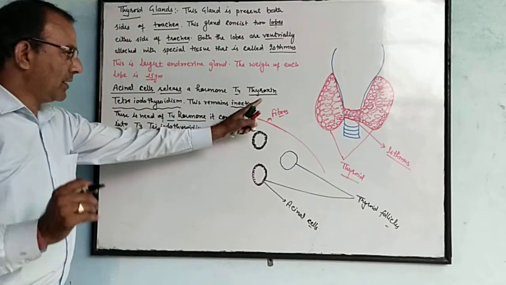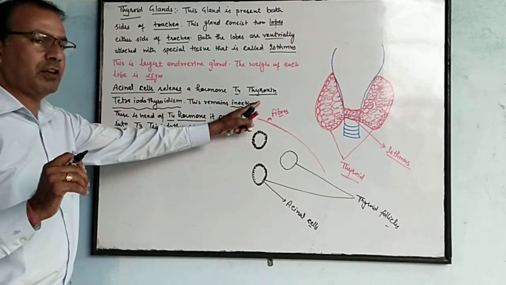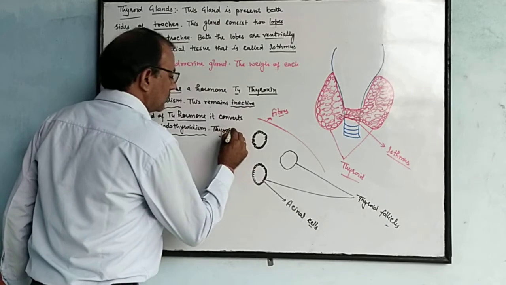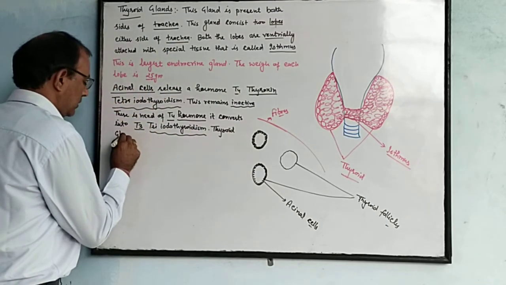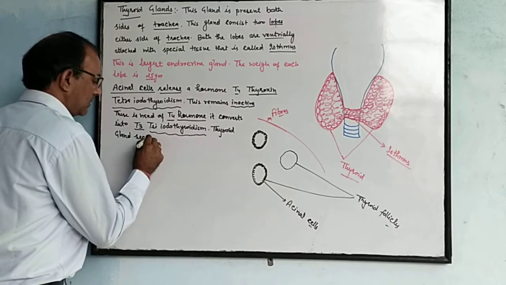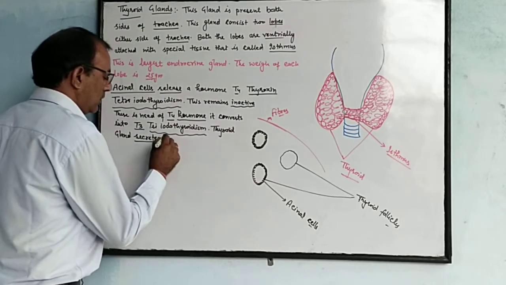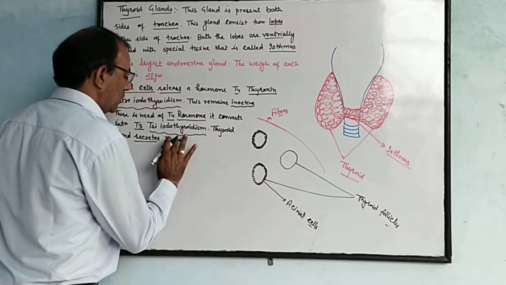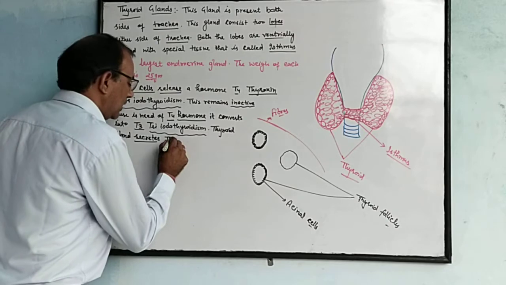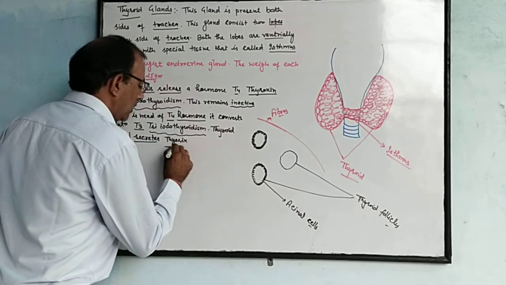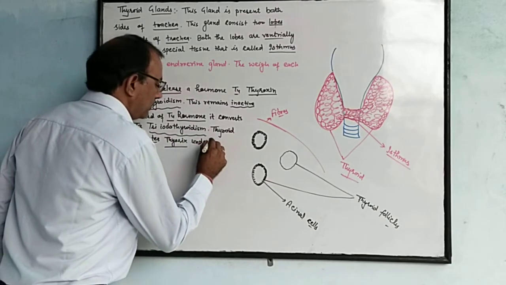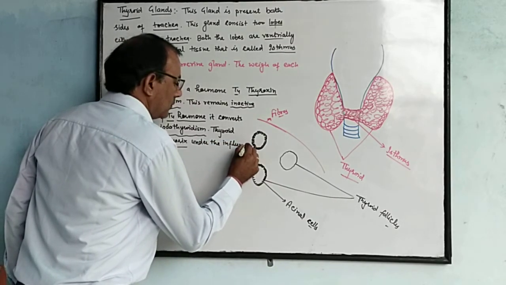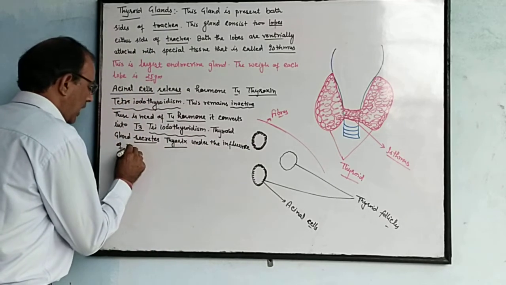This hormone is secreted under the influence of iodine. The thyroid gland secretes thyroid hormone, or you can say thyroxine, under the influence of iodine.